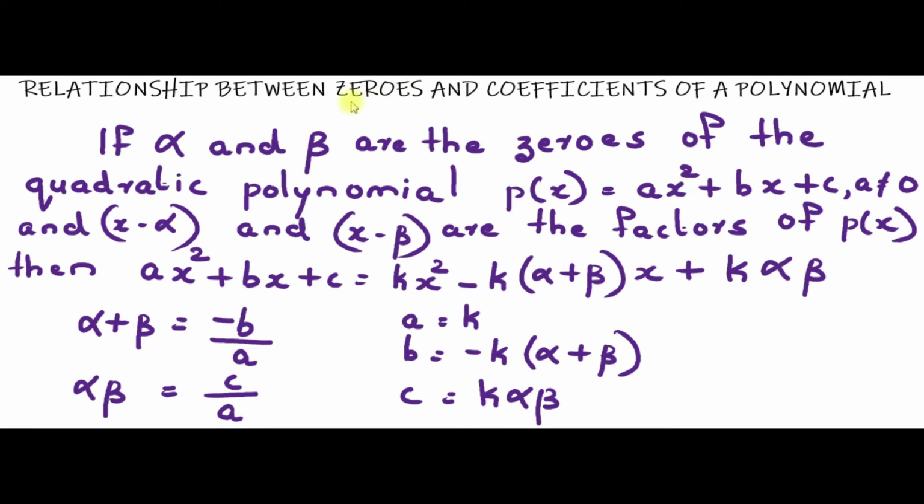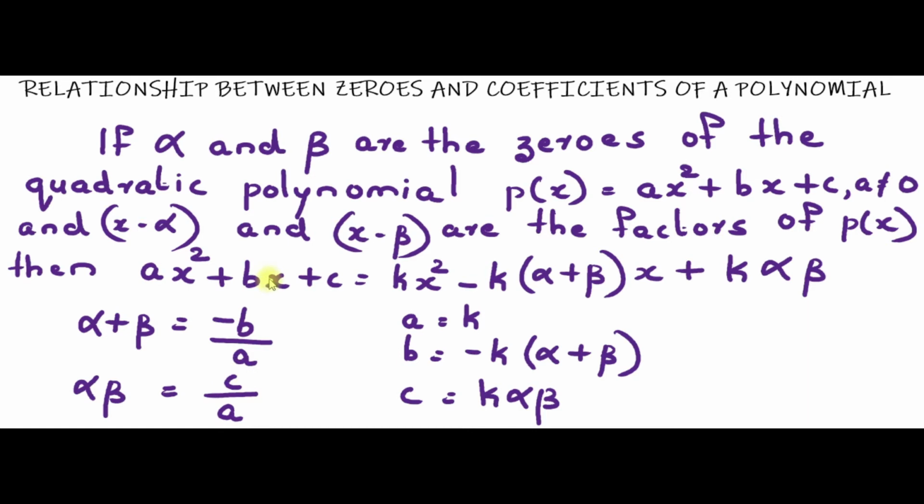So, relationship between zeros and coefficients of a polynomial means that you have to obtain sum of its zeros and product of its zeros. Sum of its zeros is given as alpha plus beta, since alpha and beta are the zeros of p of x. X minus alpha and x minus beta are the factors of this polynomial. So, sum of its zeros alpha plus beta is equal to minus b divided by a.